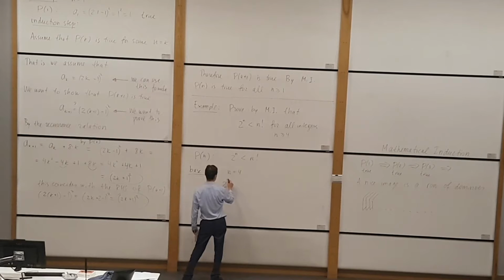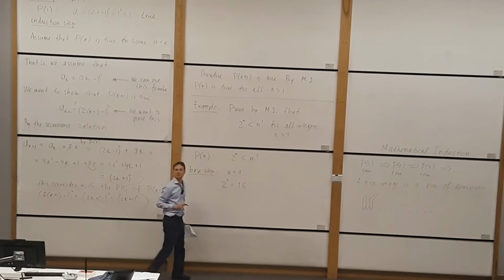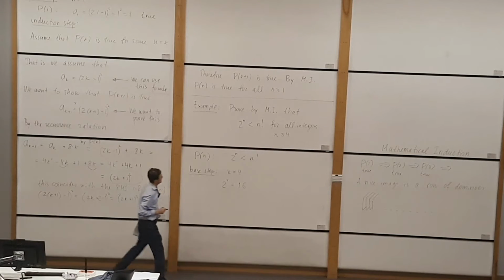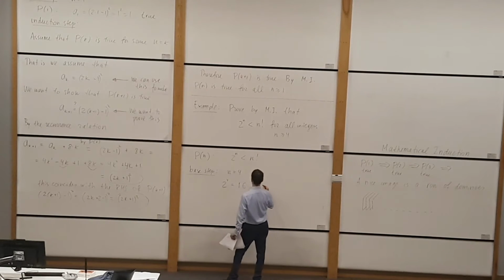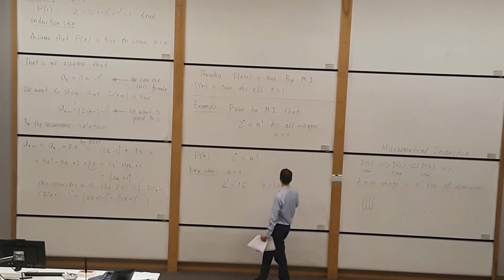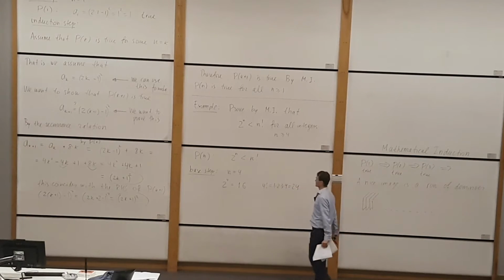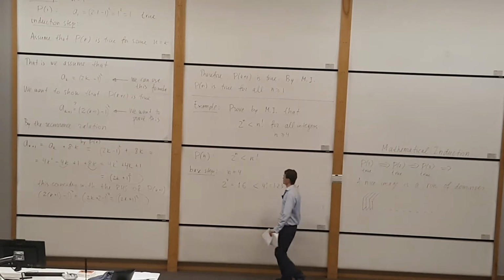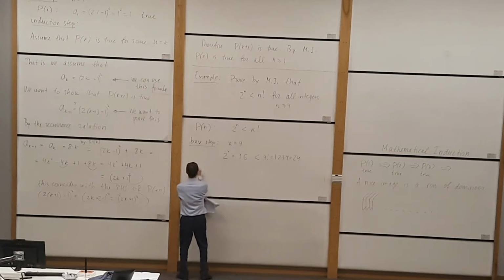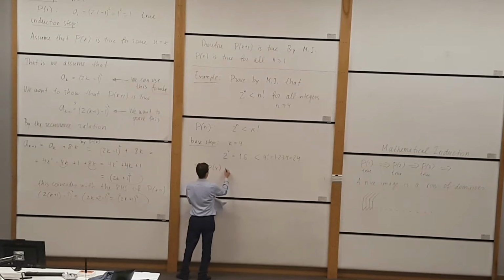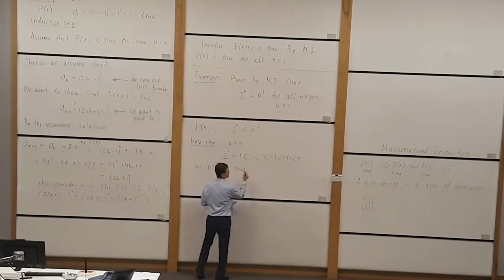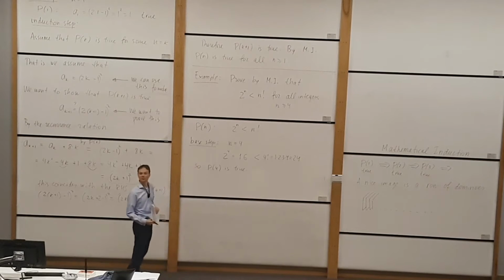On the left-hand side, I get 2 to the 4th power, which is 16. And on the right-hand side, I get 4 factorial, which is 1 times 2 times 3 times 4, which is 24. And since 24 is greater than 16, that's indeed true. So P of 4 is true. Okay? So base step is done.